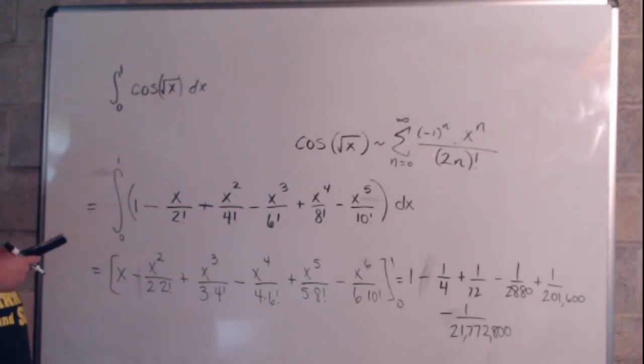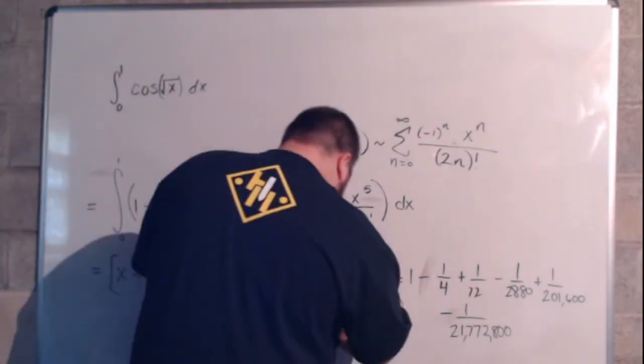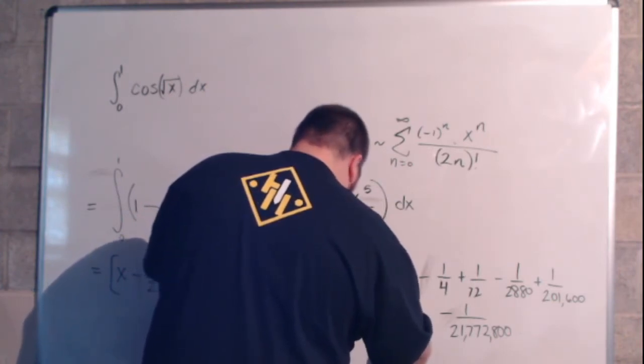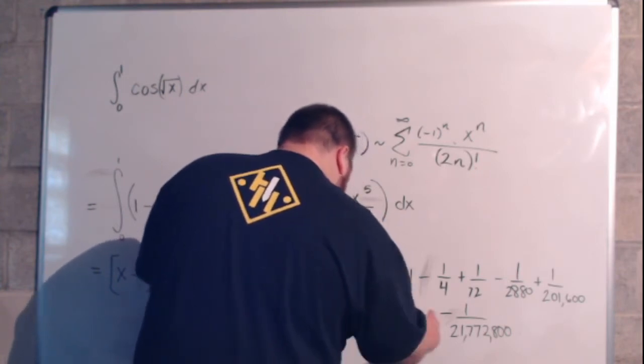So finally, let's put that all together. Okay, I get 0.7635465811. That's my approximation.